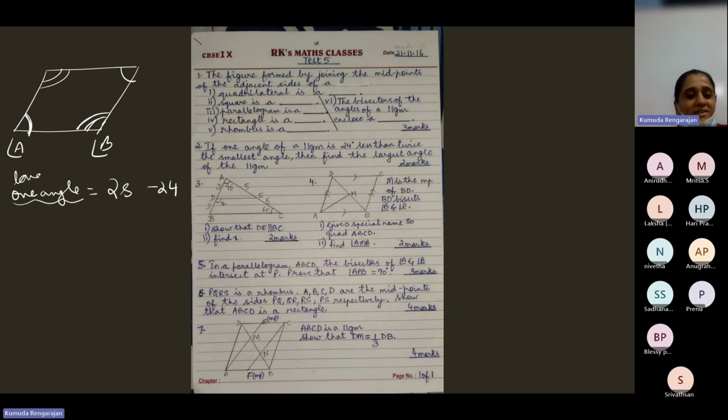That one angle only is the largest angle, because there are only two angles here.